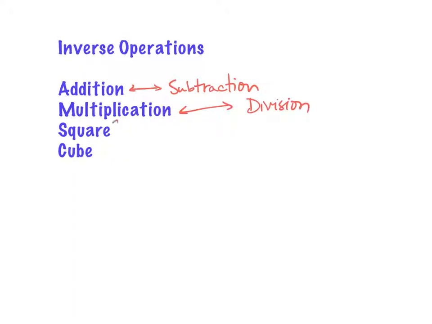Squaring, so that's to the power of 2, square root is my inverse. And if I'm cubing, which is to the third power, then it's cube root, which is 3 in that little check.